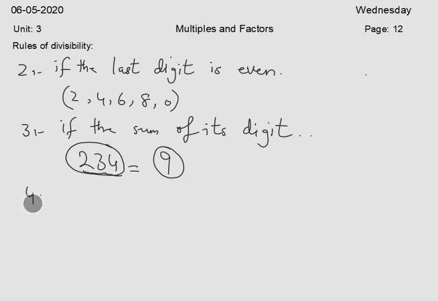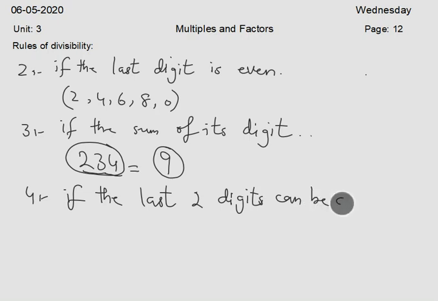The rule for 4 is, if the last 2 digits can be divisible by 4. Again I am taking the same example, 234.